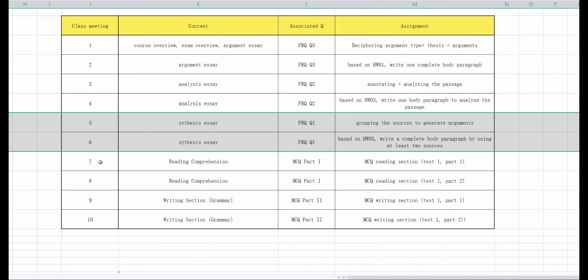We're going to cover that in the last 4 class meetings. The first 10 class meetings together, we're going to cover all the necessary knowledge for AP Language. And after that, we can focus on practicing past papers and talk about strategies, everything, how to nail a multiple choice question. So this is our design.